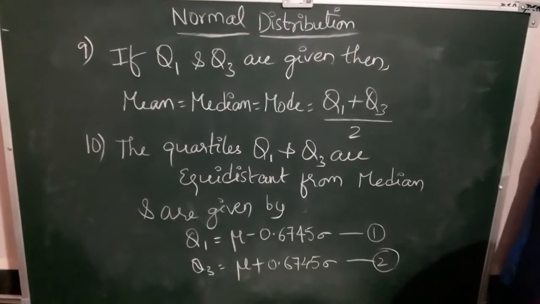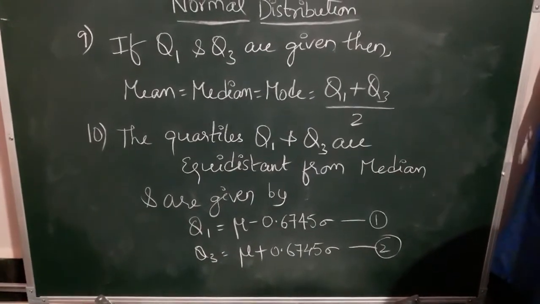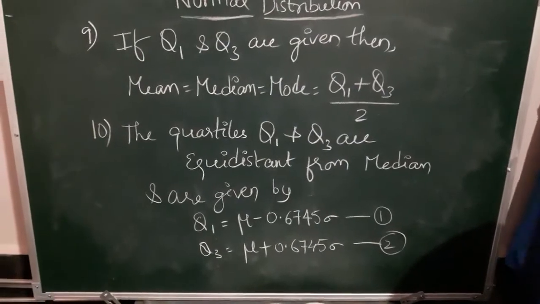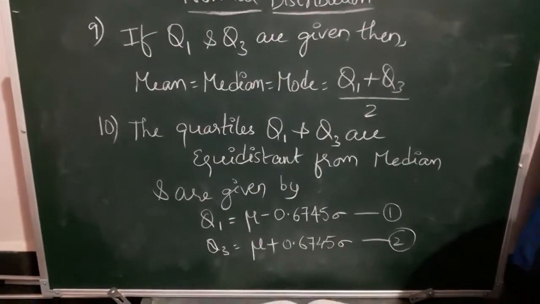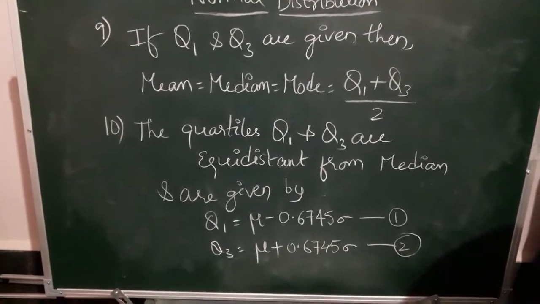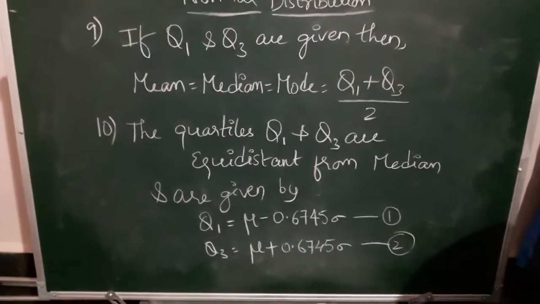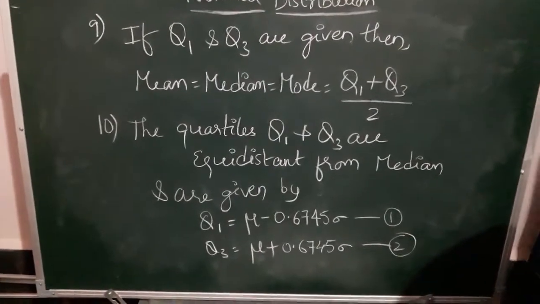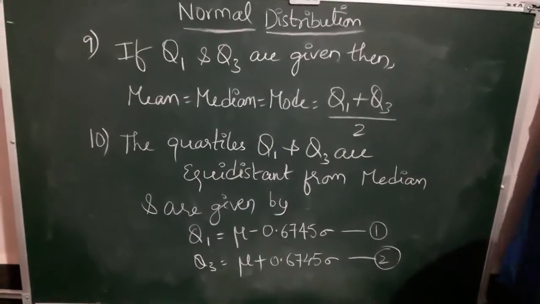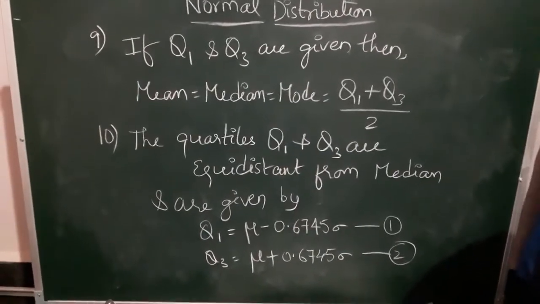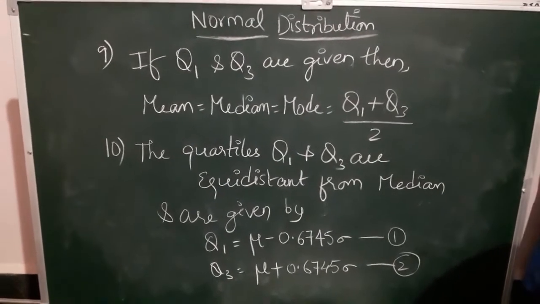Standard deviation is sigma, quartile deviation is 2 by 3 sigma, and mean deviation is 4 by 5 sigma. That 2 by 3 sigma is nothing but the distance from the median to the lower quartile and from the median to the upper quartile. Remember. If you calculate the value of 2 by 3, you get 0.6745 only. Right?